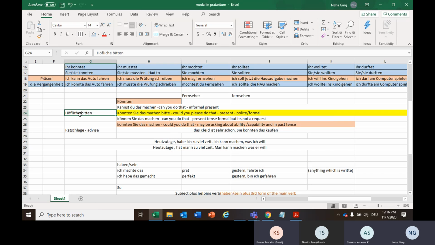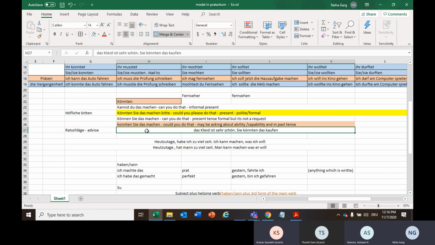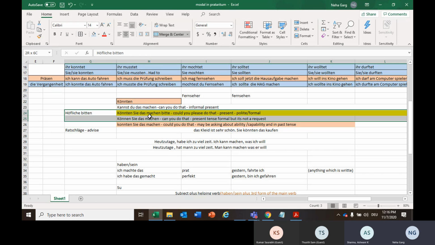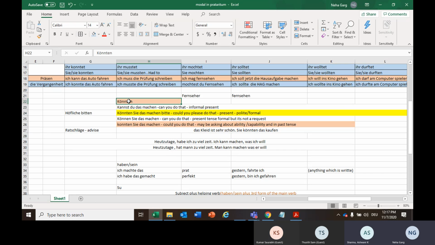So here also you will be using Könnten, not Konnten, but Könnten. Das Kleid ist sehr schön. This dress is very pretty. Sie könnten das kaufen. You could purchase that, or maybe you should purchase that, like you're advising them. So in terms of advice and in terms of höfliche Bitten, we use Könnten, not Konnten.